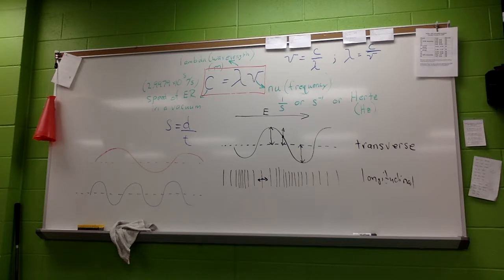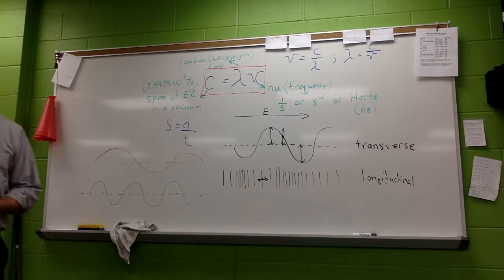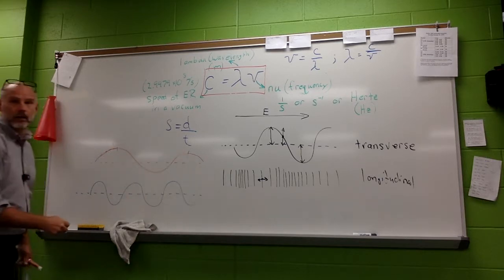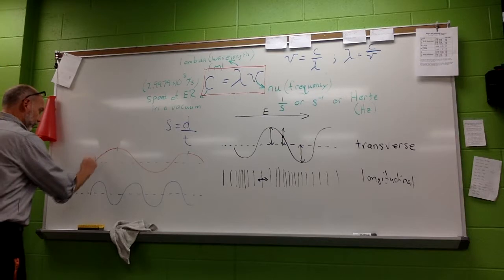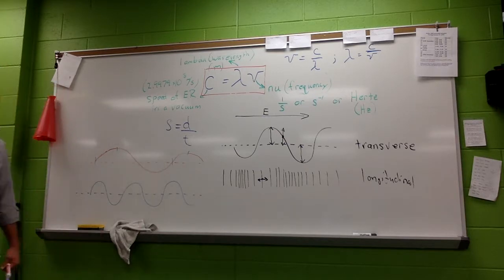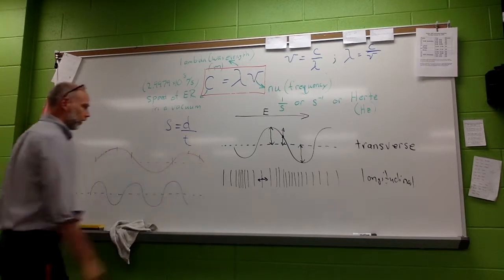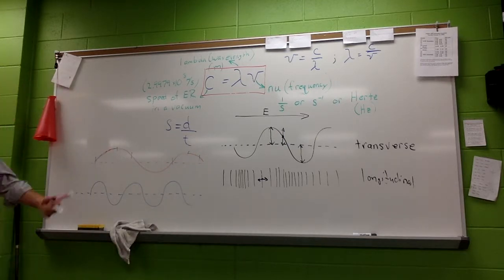It doesn't have to be crest to crest or trough to trough; it could be anywhere. So, for example, I could measure wavelength crest to crest, or from here to here, or from here to here. It's all the same, right?